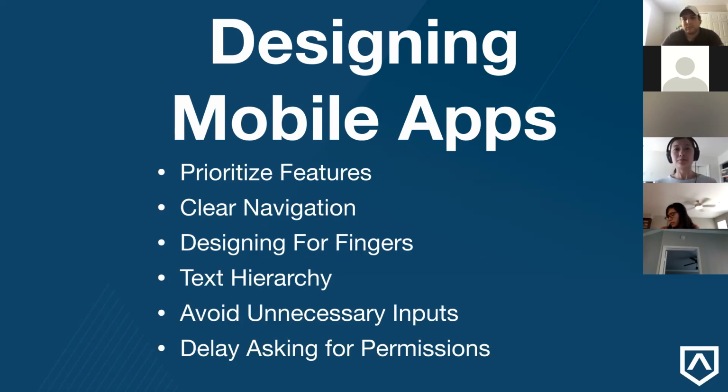So keeping it contextual is going to be helpful and really help the user understand why those permissions are helpful. So what questions do we have about delaying to ask for permissions?